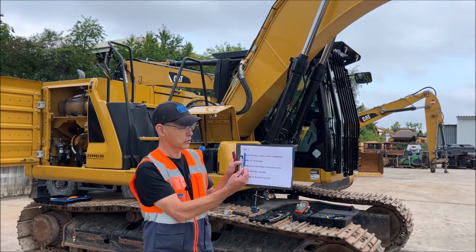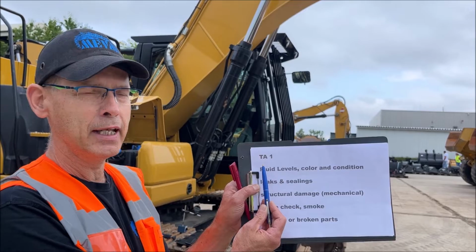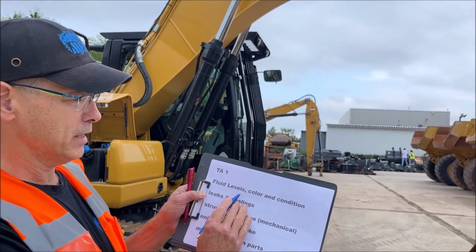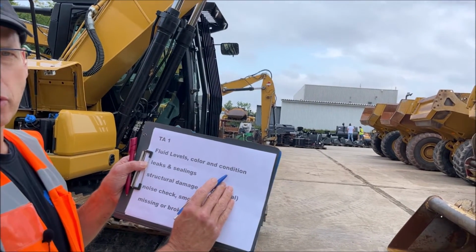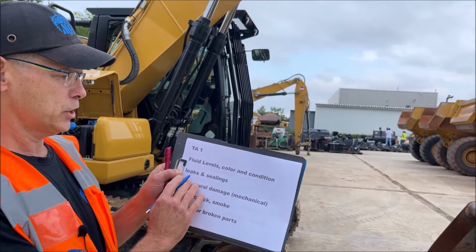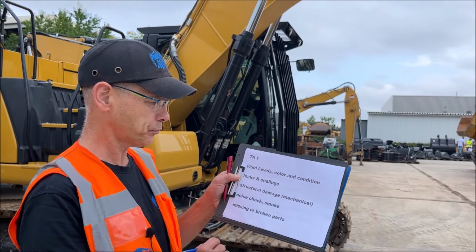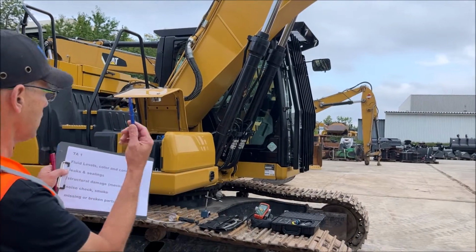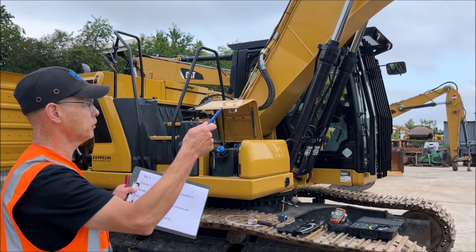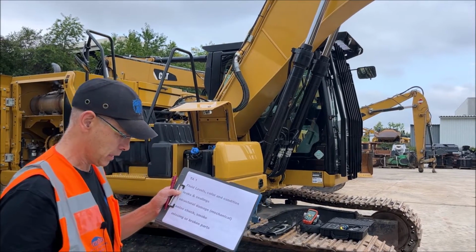We have what we call the TA1. That means it is an inspection in level 1. So the inspector of a machine checks the fluid levels, color and condition of any fluids, oils, coolants, and so on. He's checking the machine for leaks and is checking the seals. He would walk around the machine and look for structural damage, if any of the hydraulic cylinders, boom, stick, undercarriage, chassis are damaged.